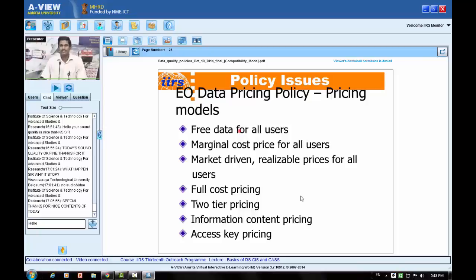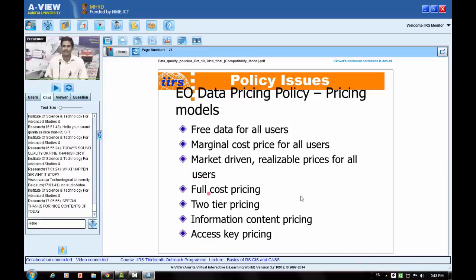So nowadays Landsat data is made free, but if you go to Spot, that is not free. And if you go to high resolution data, Ikonos data, WorldView data, they are also very costly. Then you should be putting it at market prices. Suppose I launch a satellite and start selling at very high pricing, it will be very difficult for economically backward countries.